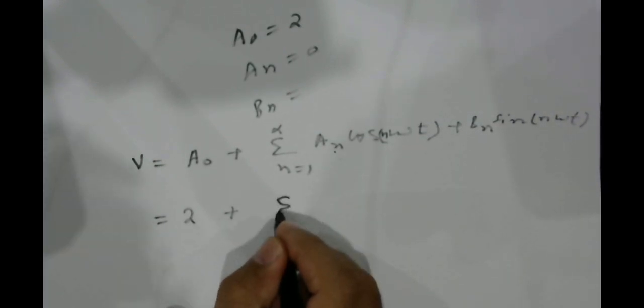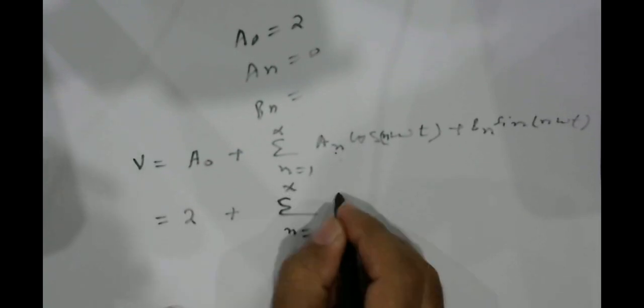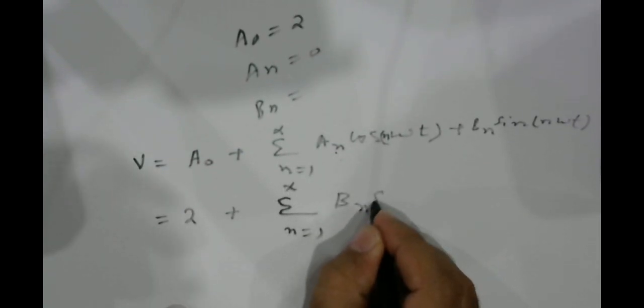So this will be summation n equal to 1 to infinity, and you will only be left with b n sine n omega t. Now you can evaluate this summation by putting in different values.